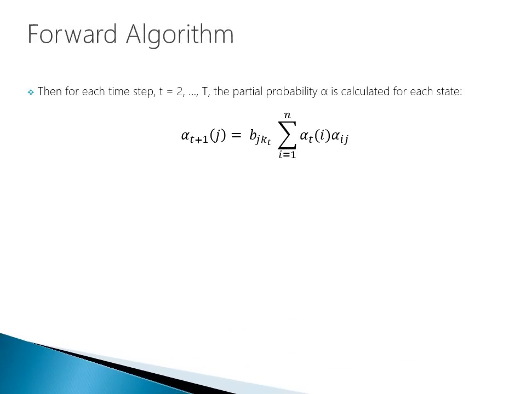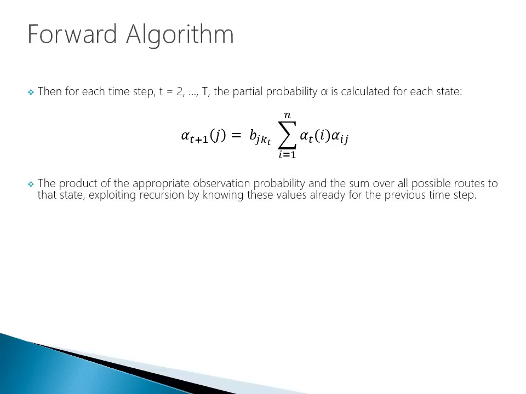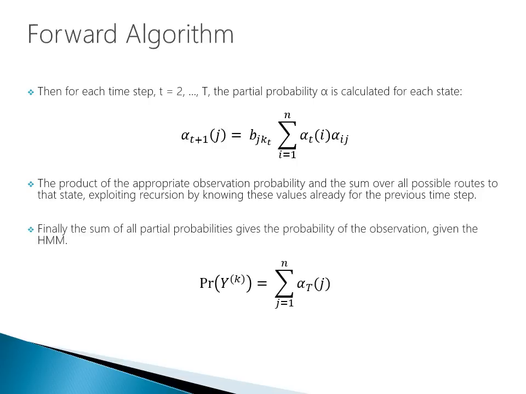Then, for each time step, t equals 2, t equals 3, and so on and so forth, the partial probability is calculated for each state. It is the product of the appropriate observation probability and the sum over all possible routes to that state, exploiting recursion by knowing these values already for the previous time step. Finally, the sum of all partial probabilities gives the probability of the observation given the hidden Markov model.